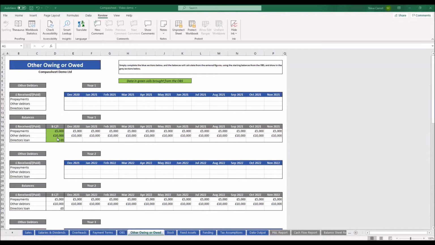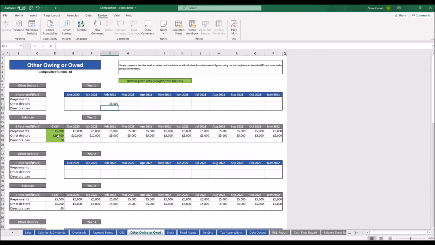So we're just going to use an example of an other debtor. We've made a loan to somebody else, and you've seen here, £10,000, so that's from the opening balance sheet, and that debtor pays us back £5,000 in month 3.